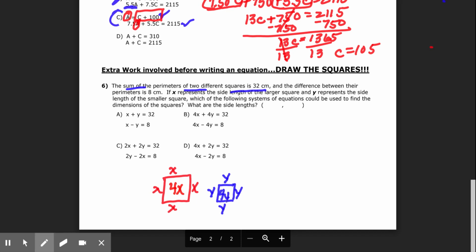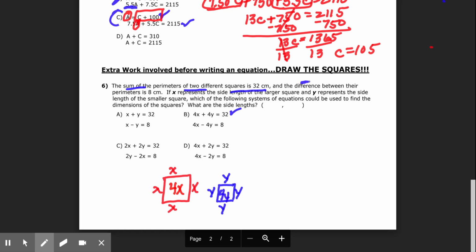So the sum of the perimeters is 32. So that'd be 4x plus 4y is 32. So it looks something like that. And then their difference, so the difference means to subtract. So the difference is 8. So it'd be 4x minus 4y is 8.